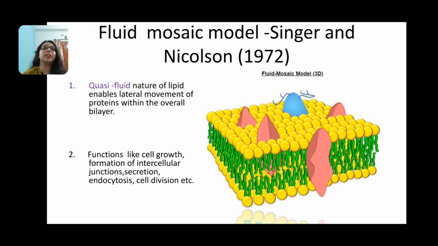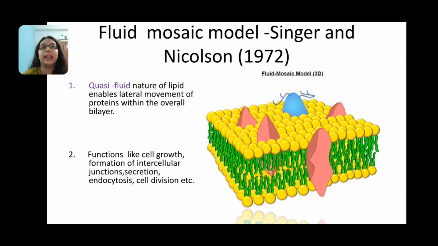Now a very important concept again, the fluid mosaic model of the cell membrane. The fluid mosaic model of the cell membrane was given by Singer and Nicolson in 1972. Remember this. What were they saying?